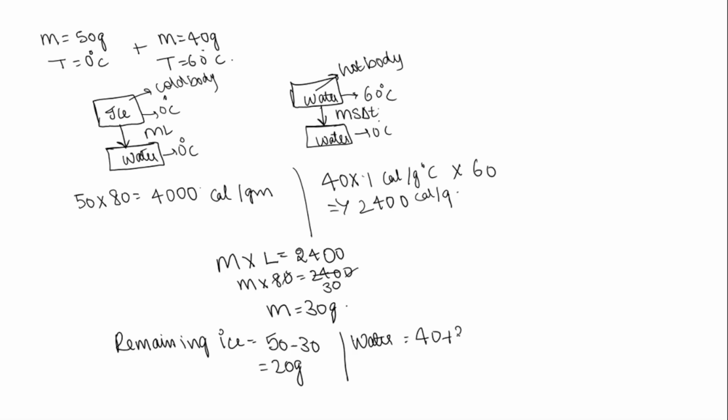So 40 plus 30 is equal to 70 grams. So now at equilibrium, the ratio of mass of ice to mass of water is equal to 20 by 70. The 0 will get cancelled, so 2 is to 7. So the option is 1.